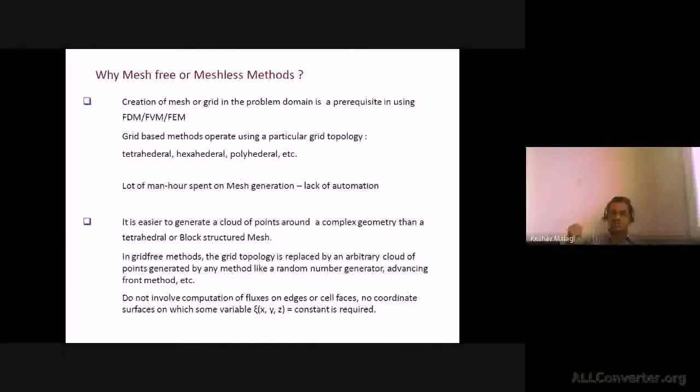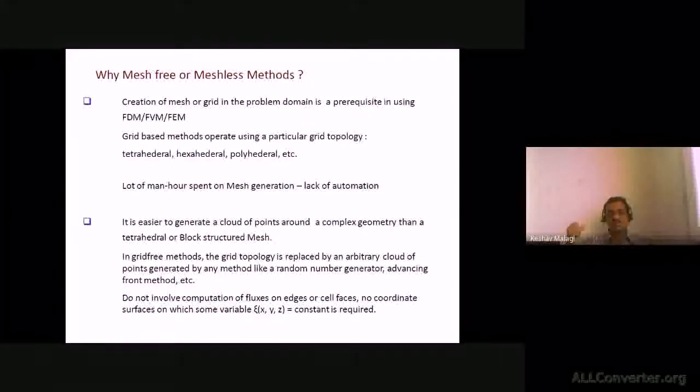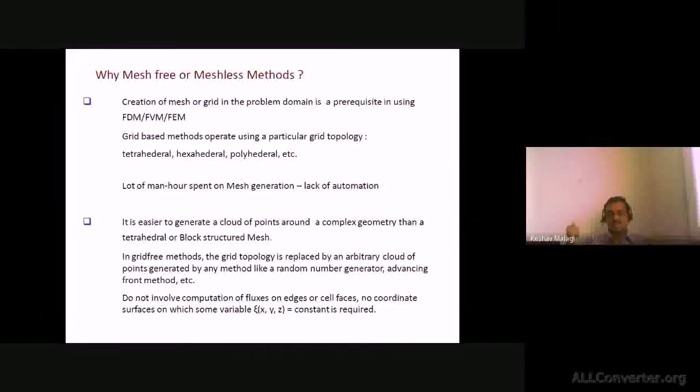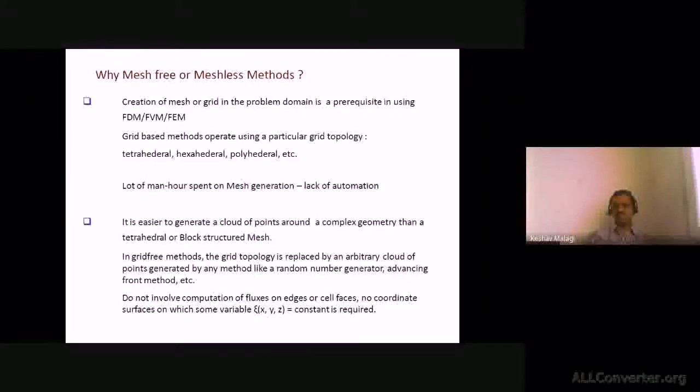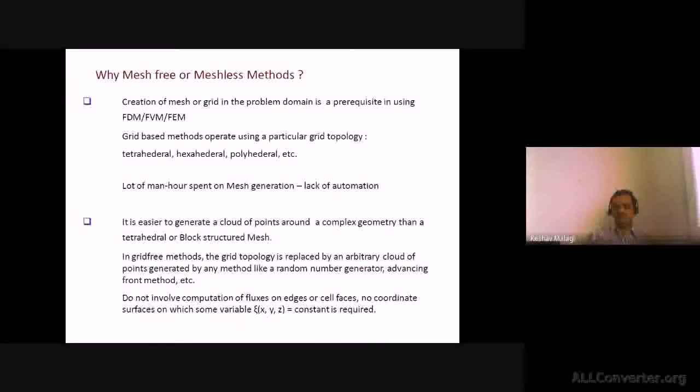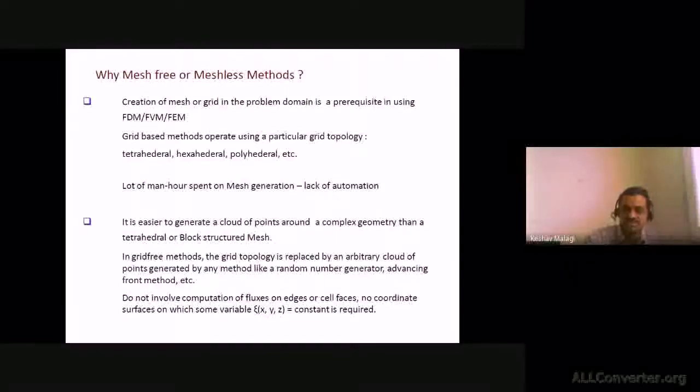Mesh generation is a lot of work, and the automation is much less compared to what we can achieve with point clouds. That is, there is no human intervention in generating point clouds compared to mesh-based methods where there is a lot of human intervention. It is easier to generate these around simple geometries and merge them and make a huge grid around a complex body.